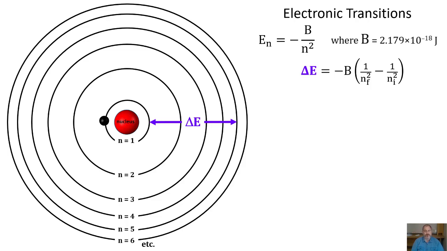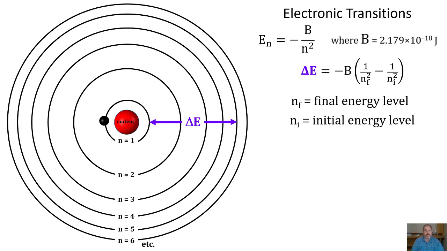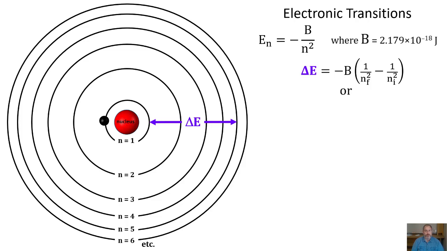Now this expression has nf, which is the final energy level, and ni is the initial energy level of the electron. And what we can see is that since the change in energy between the two energy levels is exactly equal to the energy of the photon associated with the transition, we can also come up with another expression that says that E photon is equal to negative B times 1 over nf squared minus 1 over ni squared.